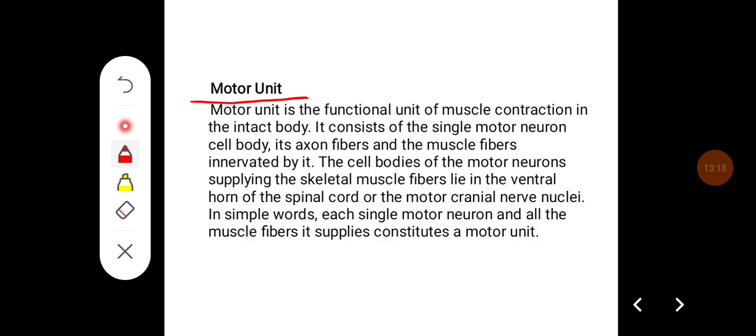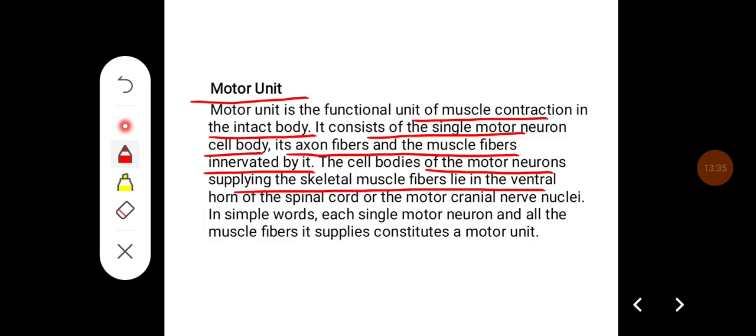Motor unit. The motor unit is the functional unit of muscle contraction in the intact body. It consists of a single motor neuron cell body, its axon fibers and the muscle fibers innervated by it. The cell bodies of the motor neurons supplying the skeletal muscle fibers lie in the ventral horn of the spinal cord or the motor cranial nuclei.